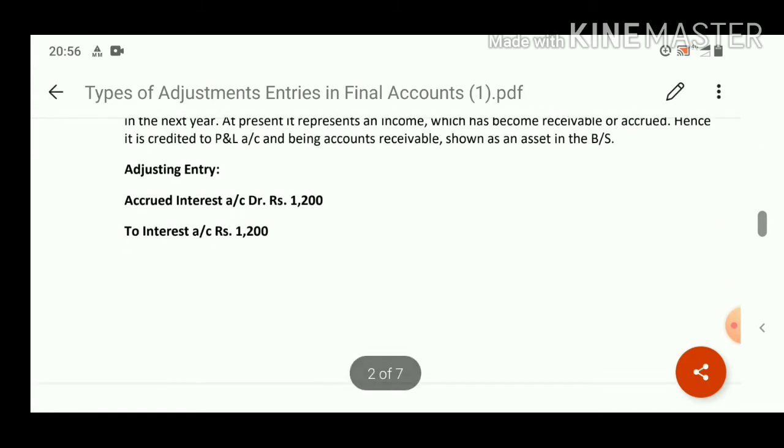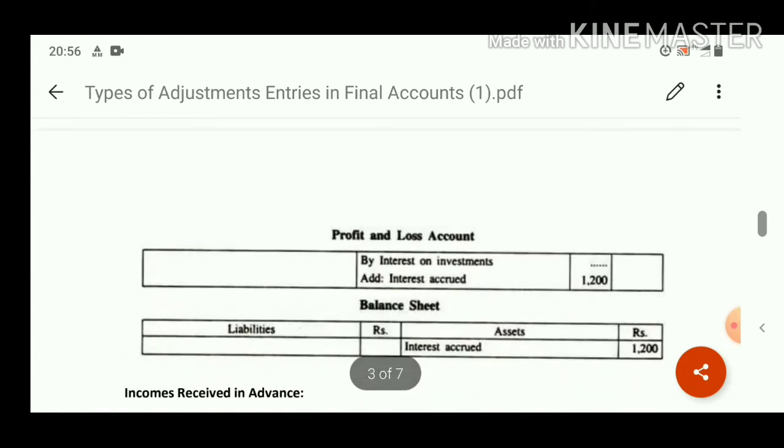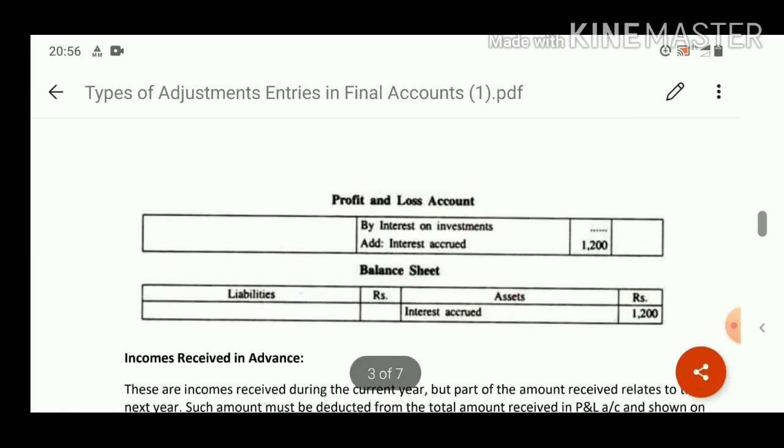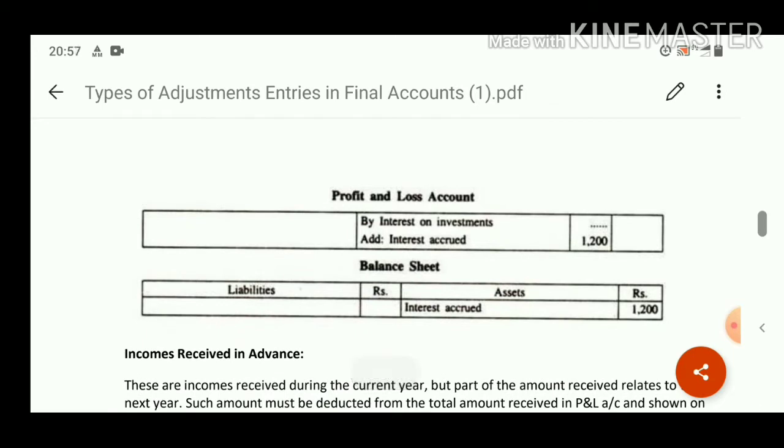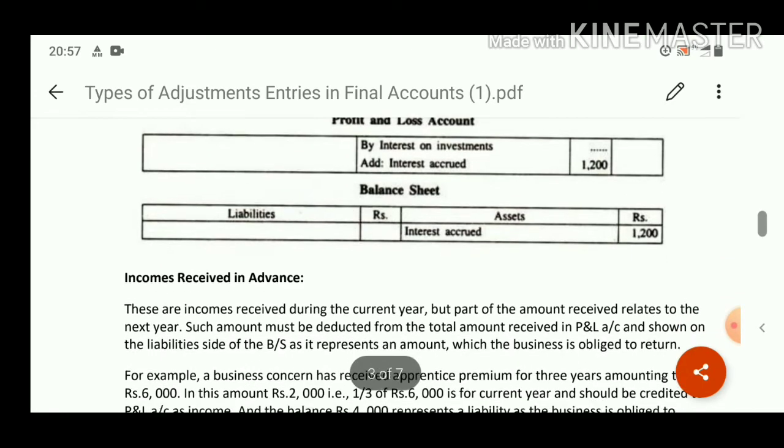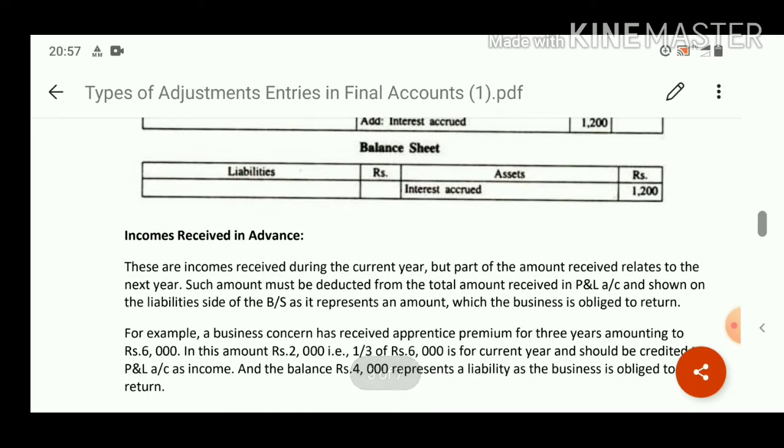Since it is my income, I am going to record it in the profit and loss account on the credit side. I'll add the interest accrued to that particular interest on investment, and simultaneously I will record it on the asset side of the balance sheet as interest accrued, rupees 1200.